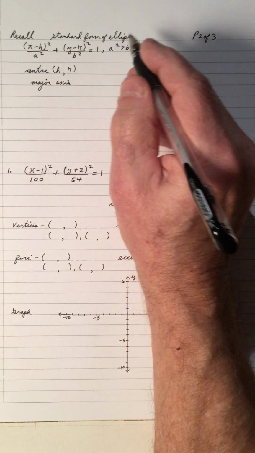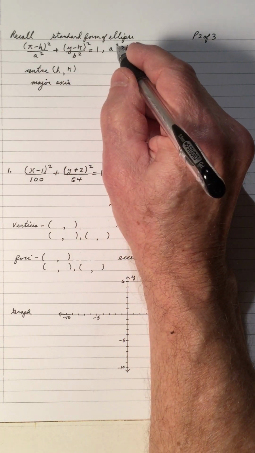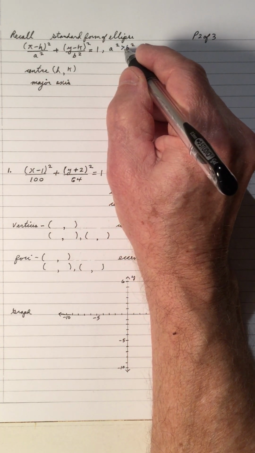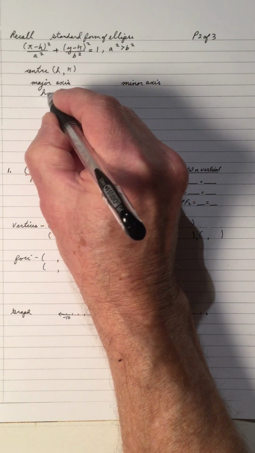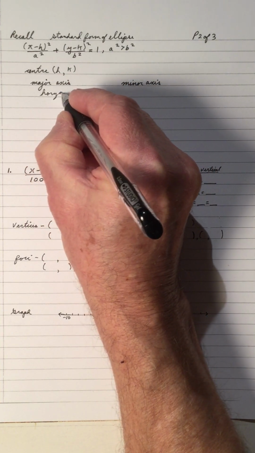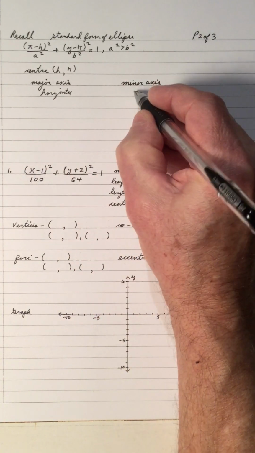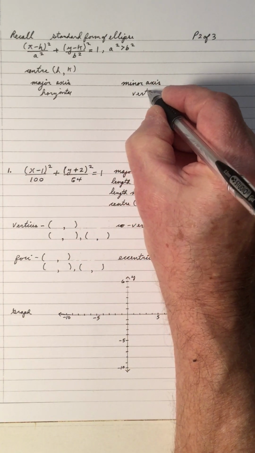Because a squared is larger than b squared, the major axis is horizontal, and the minor axis is vertical.